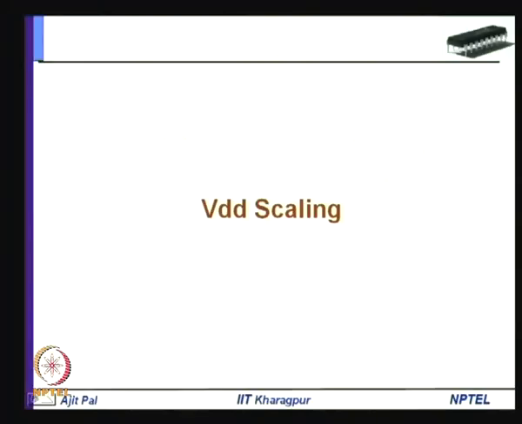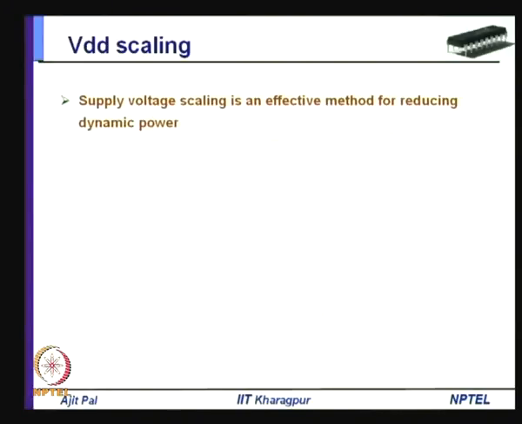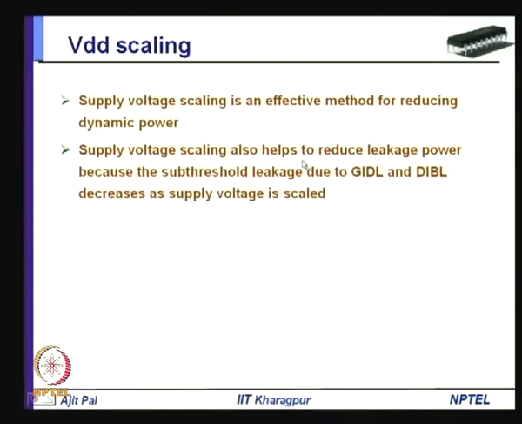But as we know, when we do supply voltage scaling, it also helps to reduce leakage power because of subthreshold leakage due to GIDL, gate induced drain leakage, and DIBL, drain induced barrier lowering. Because of these two phenomena, as you reduce the supply voltage, the leakage power reduction also occurs.